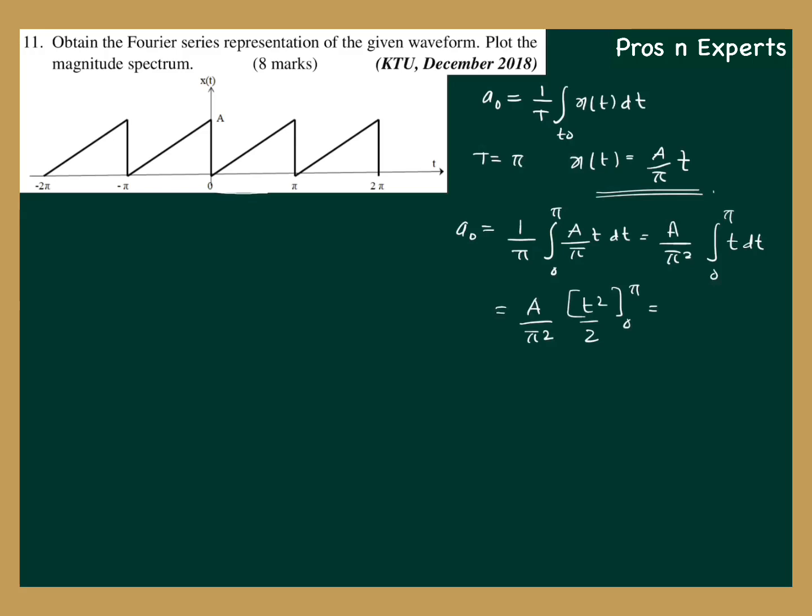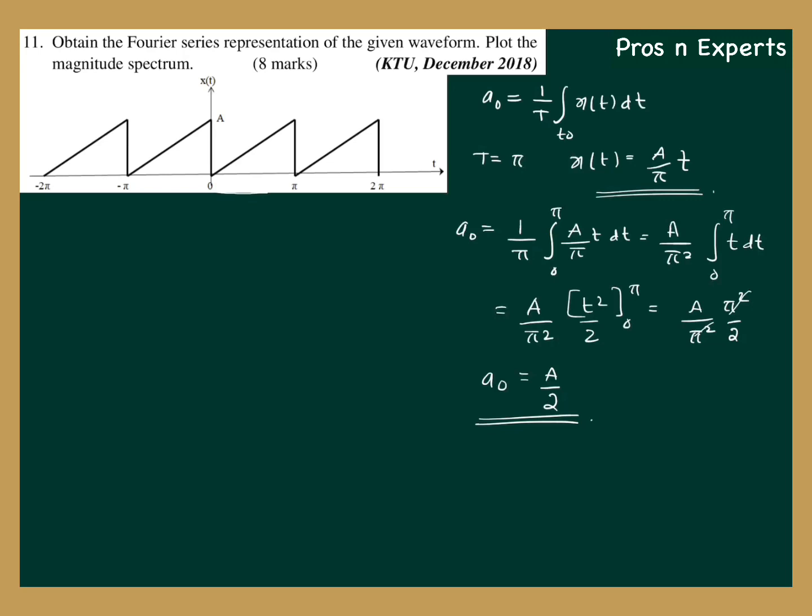That is equal to A by pi square into pi square by 2. That is A by 2. Okay, so a0 is equal to A by 2, and you might be intuitively knowing that a0 is nothing but the DC value of the signal. Okay, so I got a0.